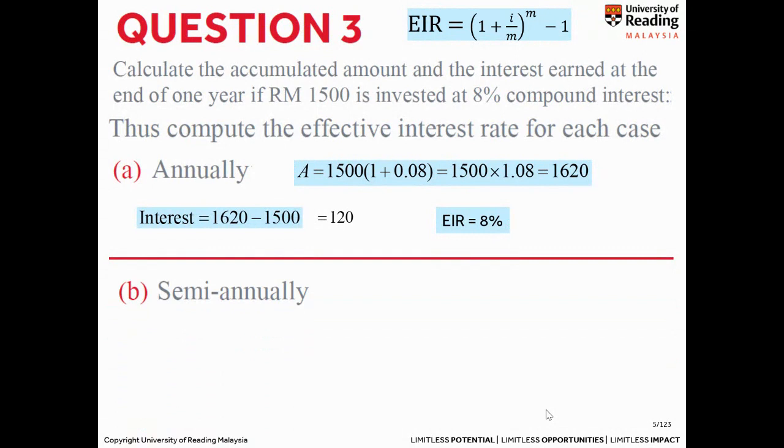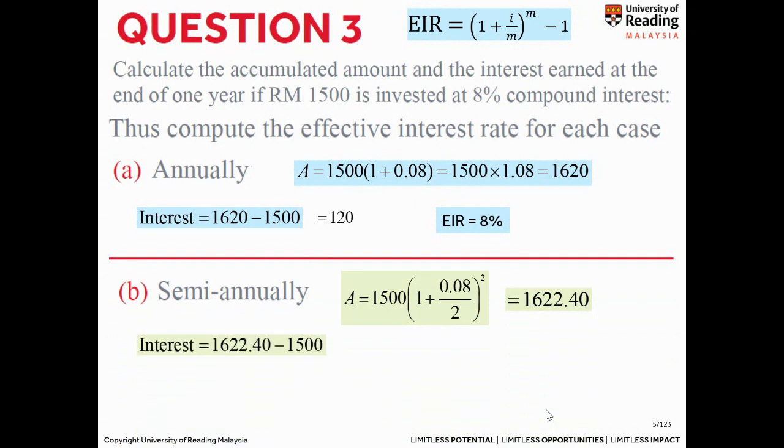Next, if the interest is compounded semi-annually, m will be 2. You use the formula. We find the total amount after 1 year. You shall get 1,622.40.